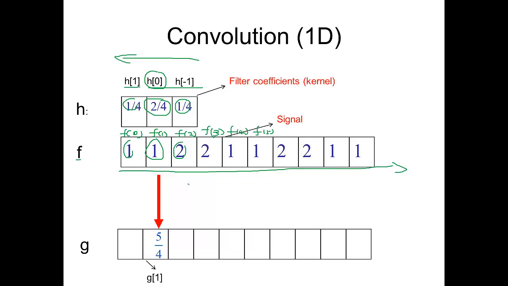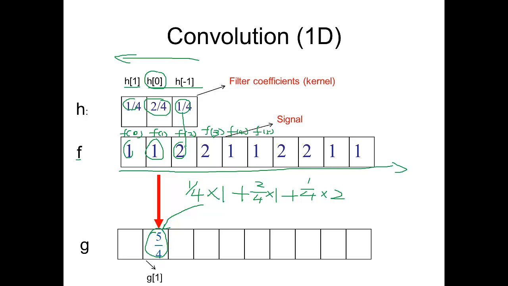Then you will do this multiply 1 plus h0 multiply 1, plus this one multiply this one. Then you will get g1 as follows. If you do the simple mathematics, it should be 5/4.